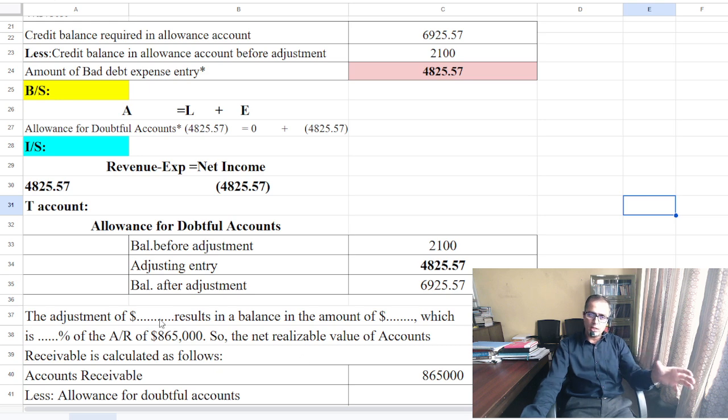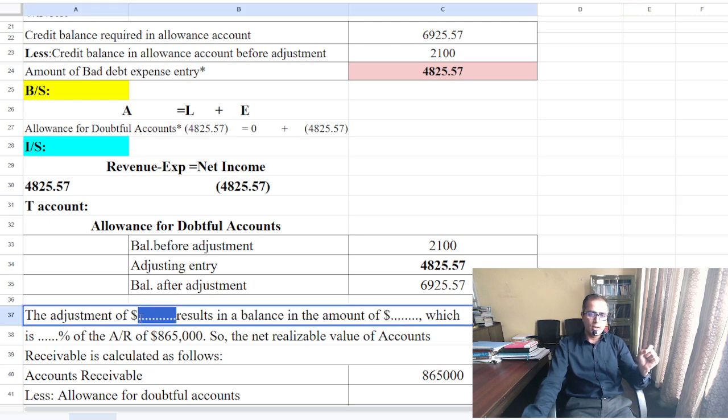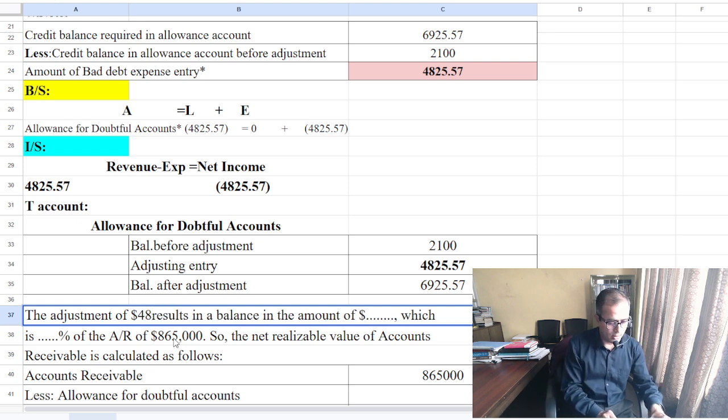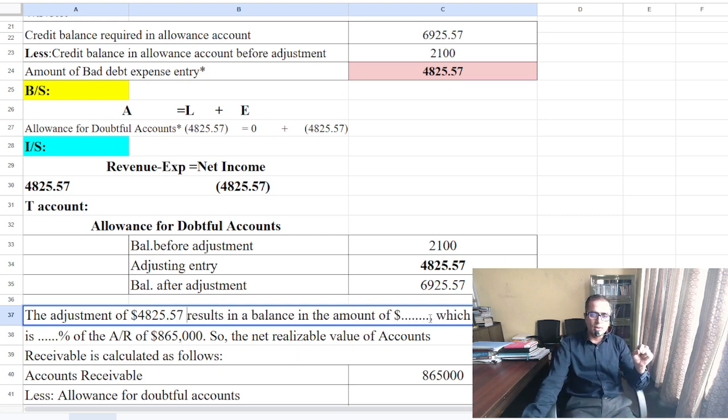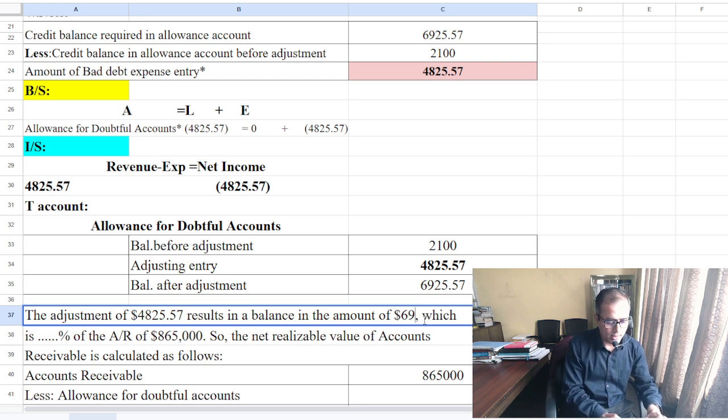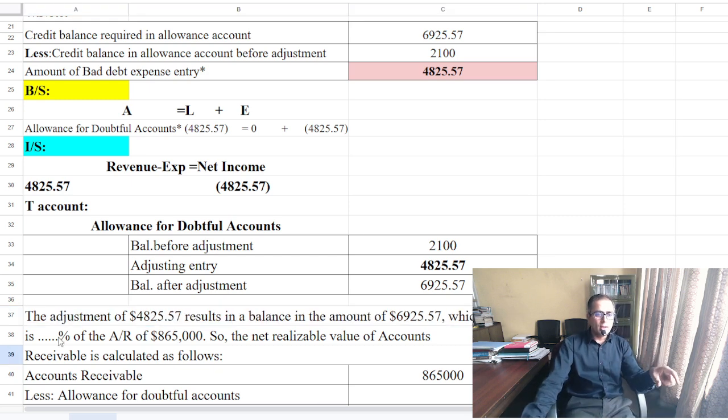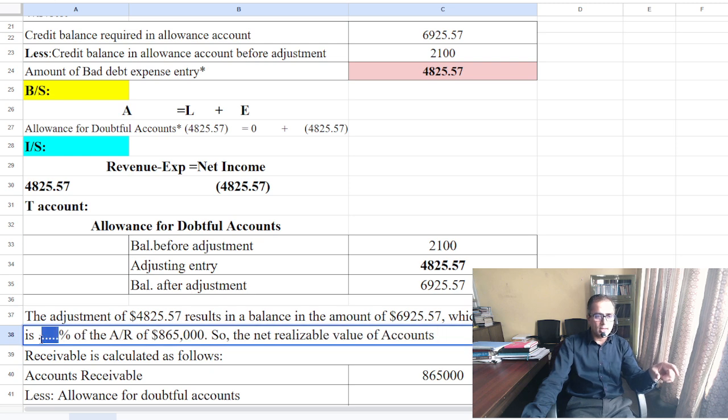Now the question again: you have to interpret your result. The adjustment amount that we just calculated, $4825.57, results in a balance of 6925.57, which is approximately 0.8%, right?